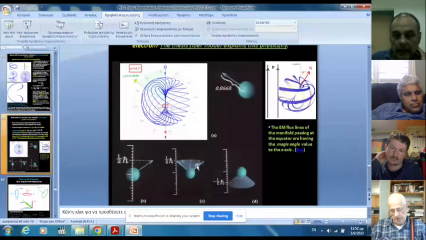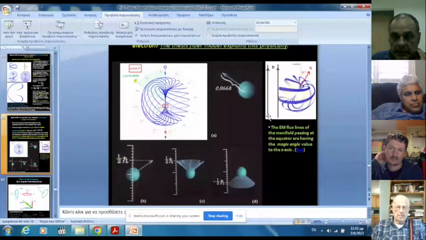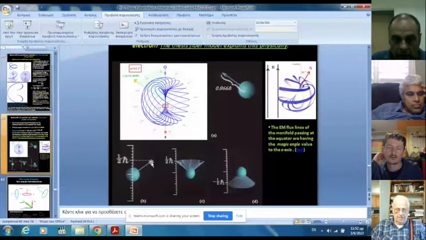When you put the electron in an external magnetic field along the z-axis, John can explain this better than me, it will start to rotate its magnetic moment around the z-axis.